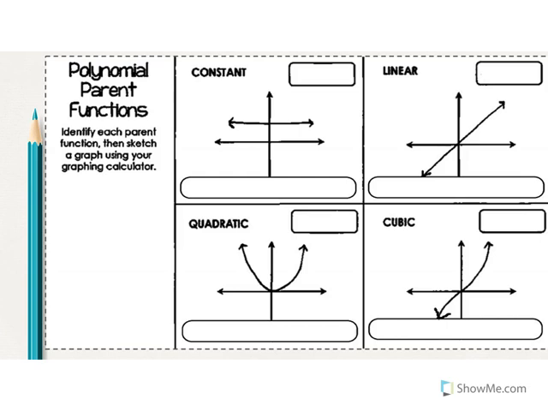So now we're going to take a look at our polynomial parent functions. This is graphically what we've been working with, that little chart where we had our constant function with a degree of 0.